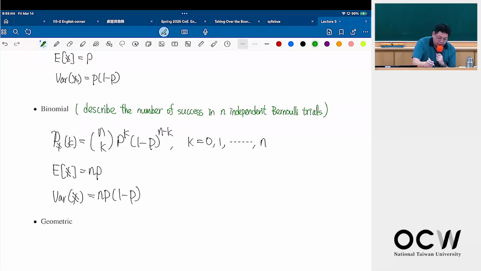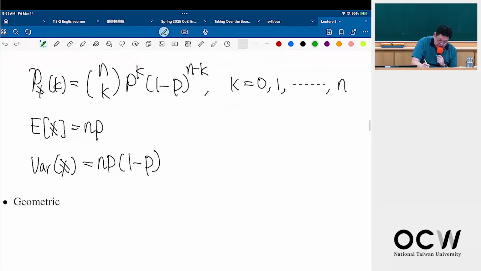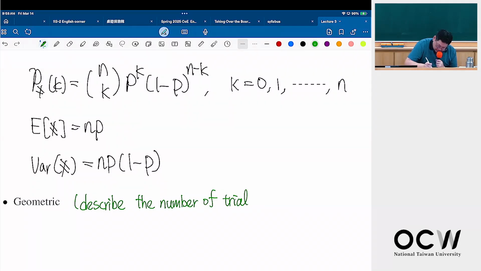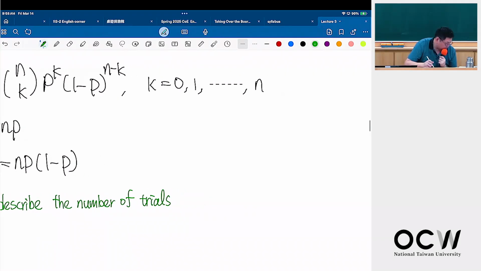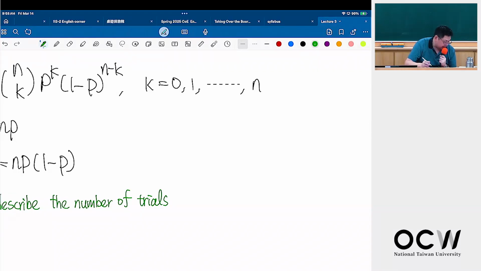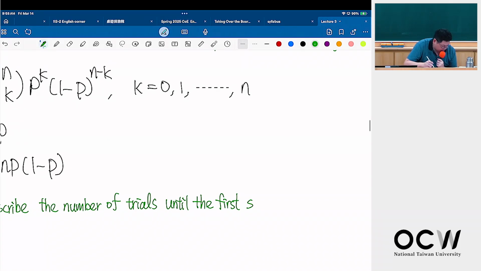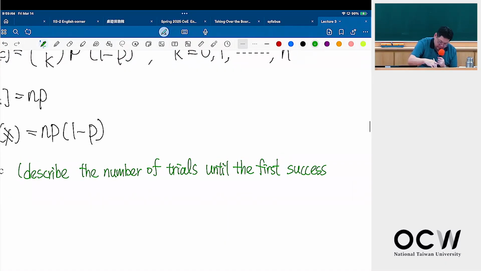For geometric, I describe the number of trials until the first success in a sequence of Bernoulli trials.